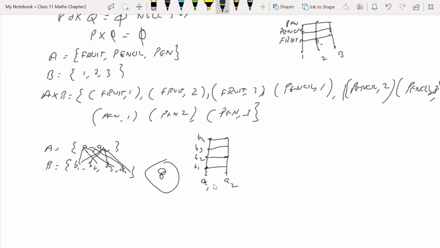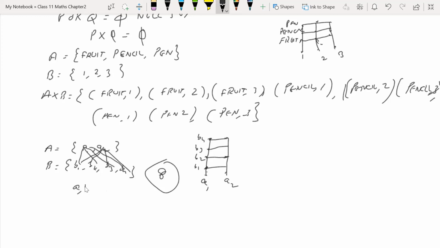There are some remarks. Two ordered pairs are equal if the corresponding first elements are equal and second elements are equal. What does corresponding mean? (A1, B2) or (B2, A1): both are different, not similar.